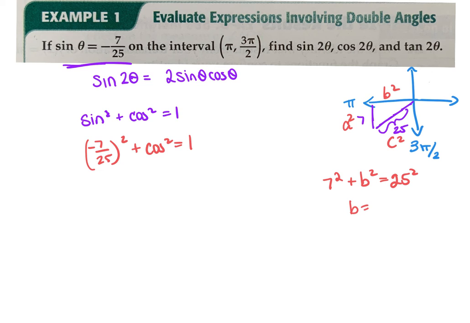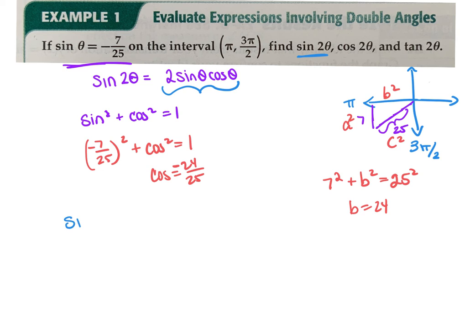So b equals 24, and cosine equals 24 over 25. I am in what quadrant? How do I know? Third. So is my cosine positive or negative? Negative. My cosine is negative 24 over 25. I did that just so I could plug it in here. They want 2 theta. That's what they're asking us for.